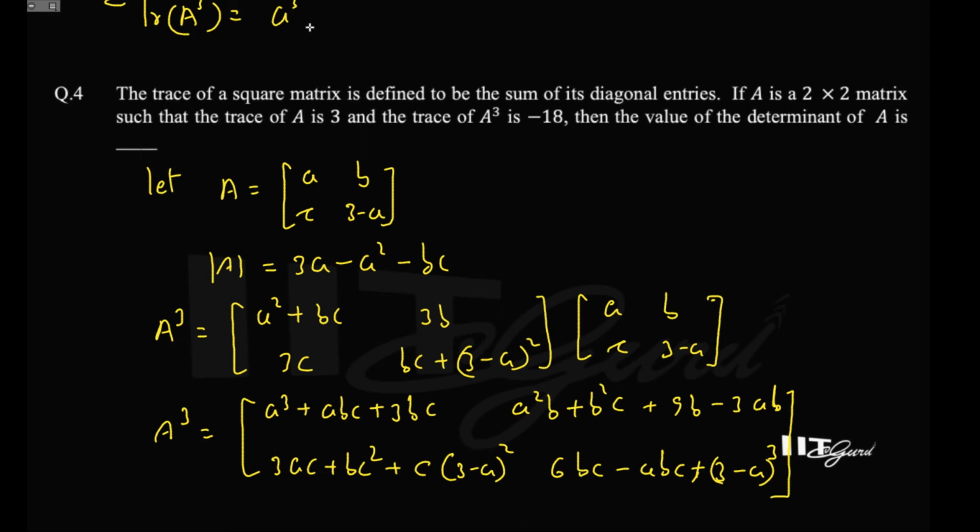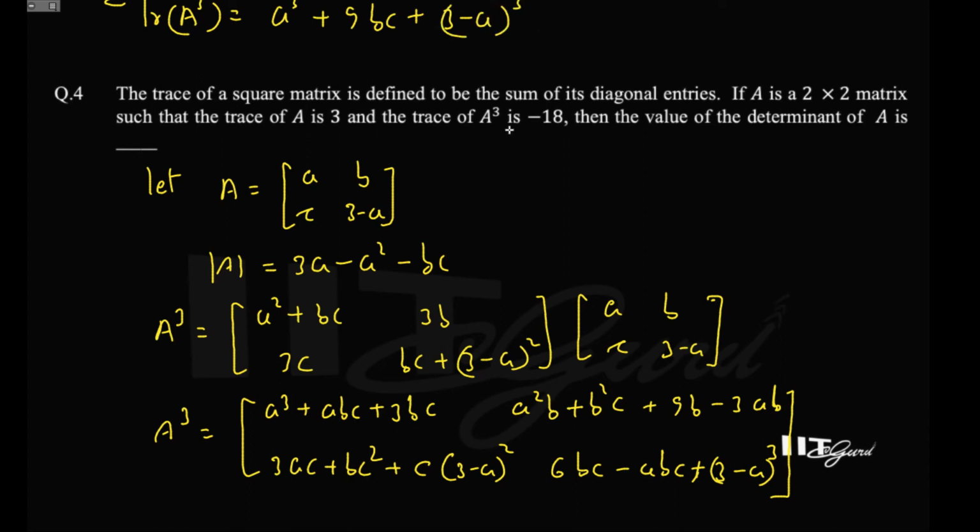Let me write a cube plus 9 times bc. 3bc plus 6bc, that is 9bc, abc related, and only the term left now, plus (3 minus a) whole cube.